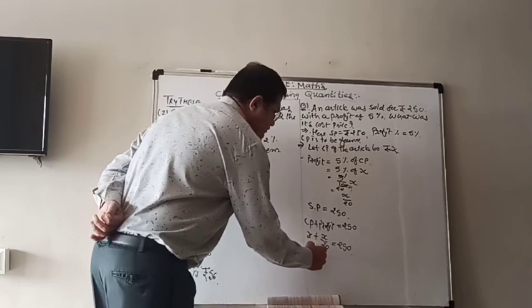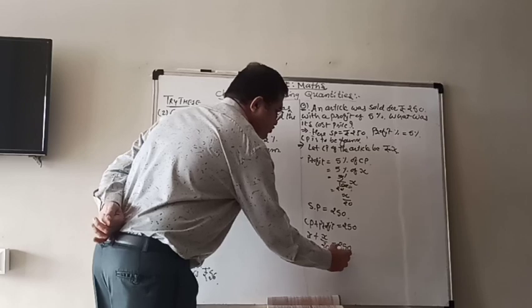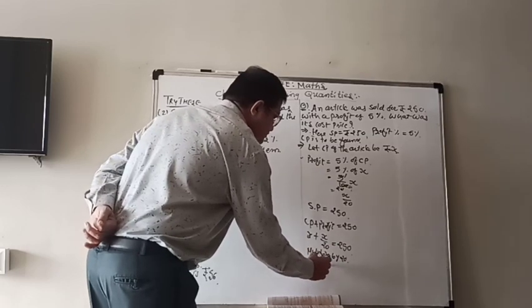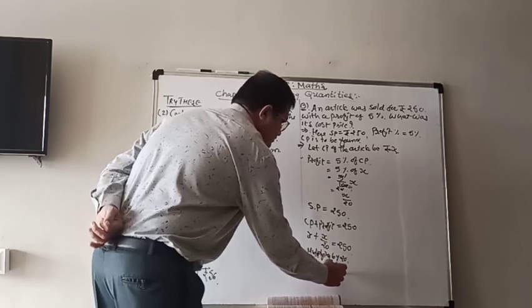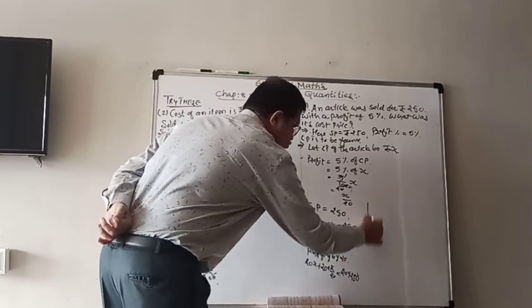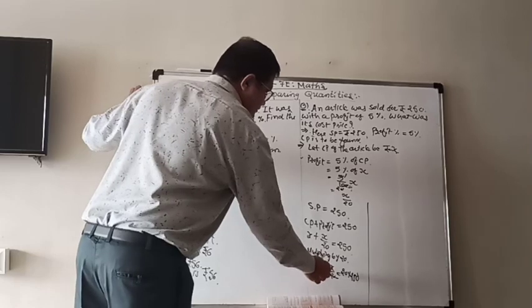So multiplying by 20, because 20 is the LCM. So 20x plus 20 into x upon 20 is equal to 20 into 250. So here 20 will be cancelled.